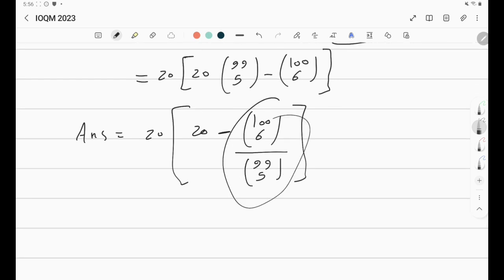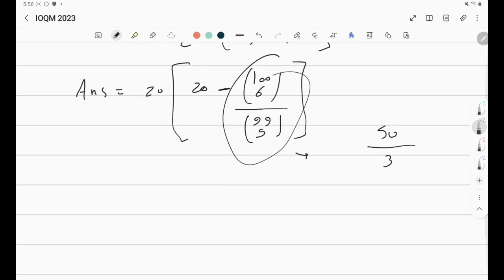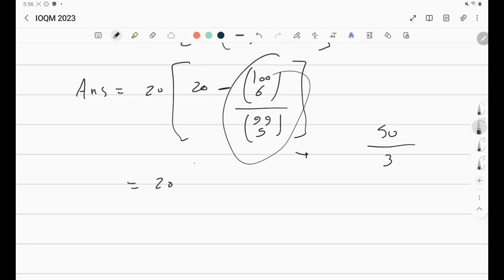This thing is just going to have the 6 here and the 100 here. Everything else will cancel. So it's just 100 over 6, which is 50 over 3. So this is just 20 minus 50 over 3.